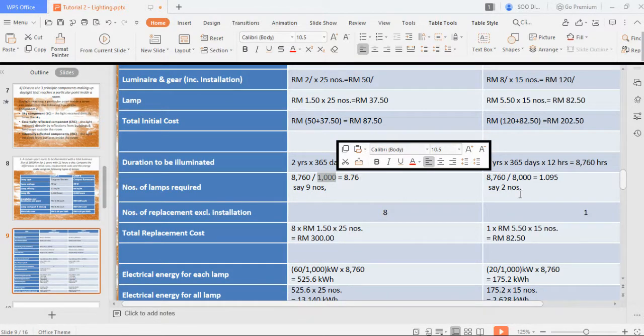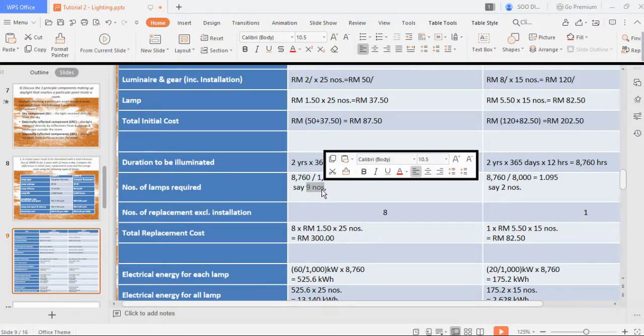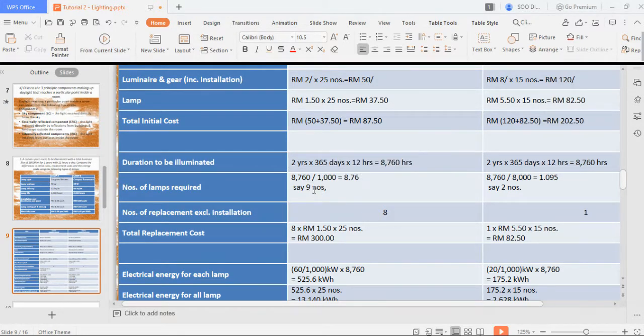You do the same for B, but in the case of B, the lifespan of lamp B is 8,000. So you'll get about 1.095. For this case, the answer you get, you always want to round it up by 1, because you require a total amount of 9 to last a minimum duration of 2 years.